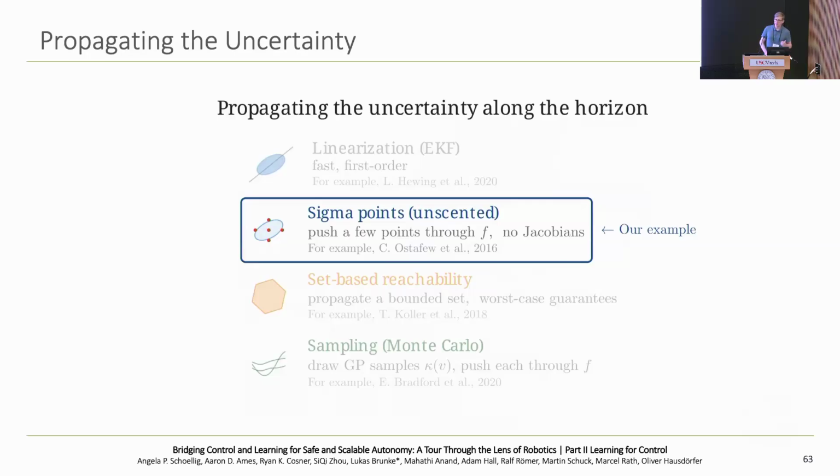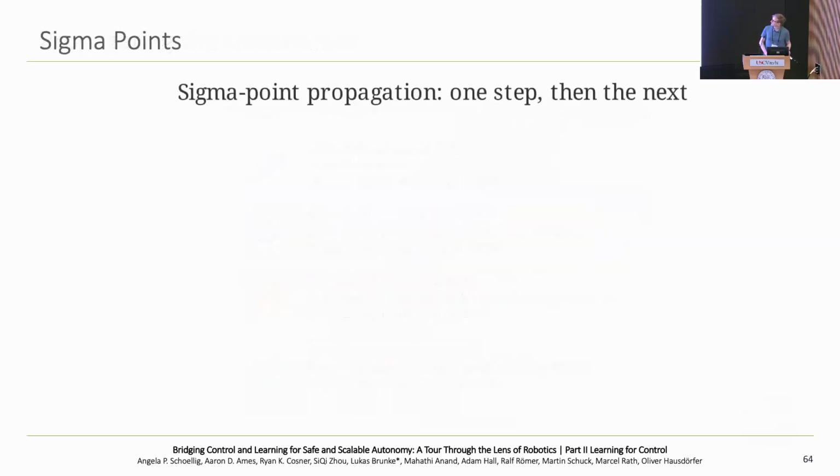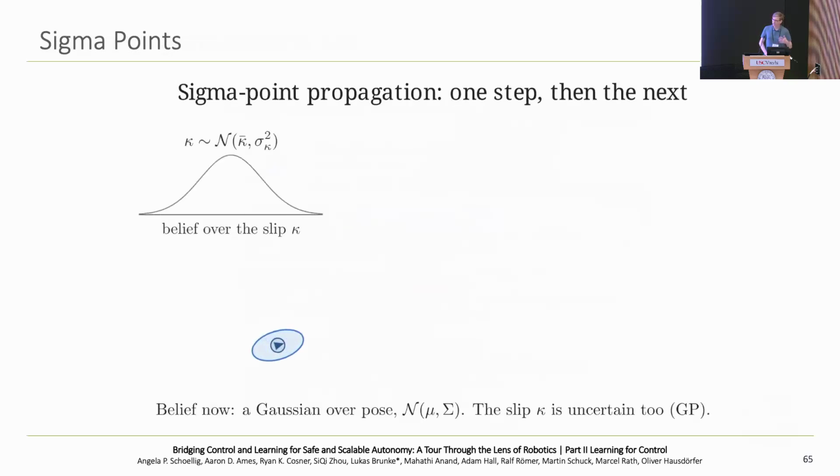And yeah, I use this example because this is what we did in the lab, and I have a nice example on that. And so the way that the sigma points work is in the following way. So we take our robot. We assume that the pose of the robot is Gaussian distributed, and also that we have Gaussian knowledge of the slip. And so what we do, we sample these sigma points.